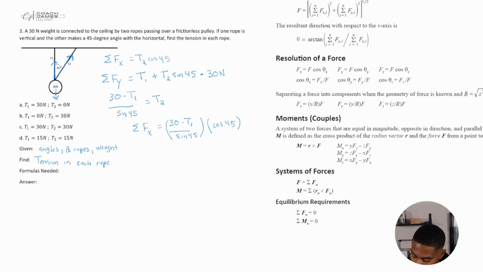All right, so when I do that, these cancel and I get sum of the forces in the x is equal to 30 minus T1. T1 is equal to 30 newtons.